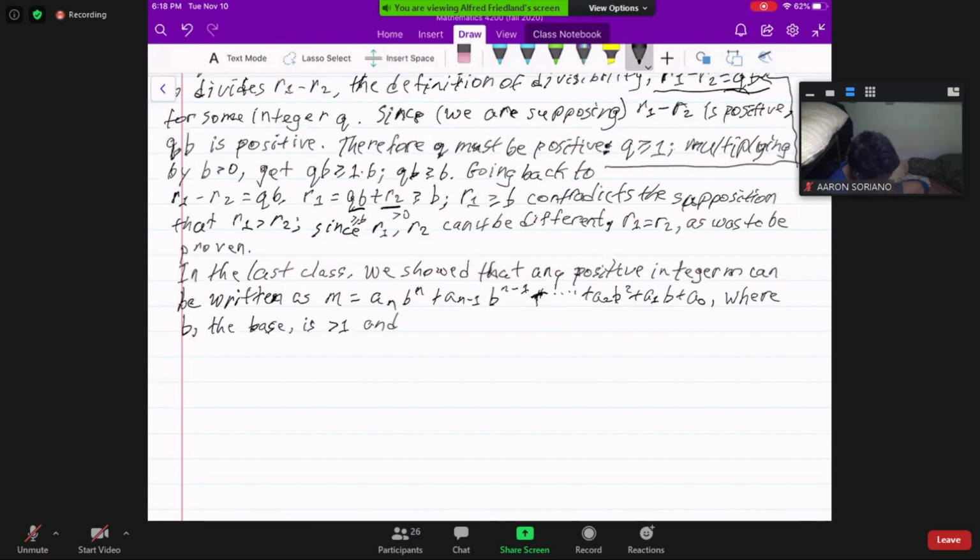All the a sub i's are less than b for i equals 0 up to n.